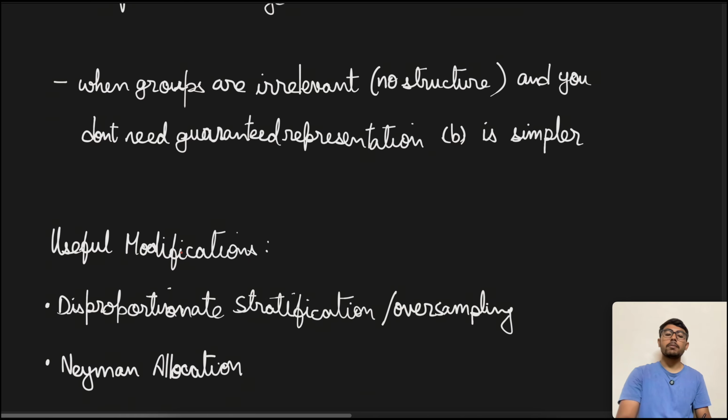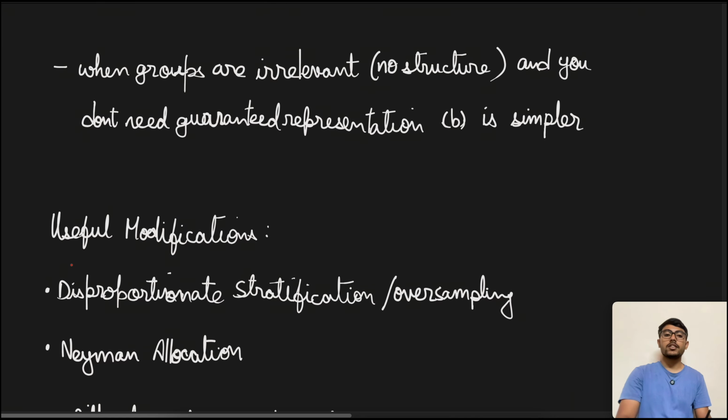So now we'll see some of the modifications that are commonly used with the sampling methods. First is disproportionate stratification or oversampling. If I want to explain in simple terms, we deliberately take more elements from rare or critical strata, right?